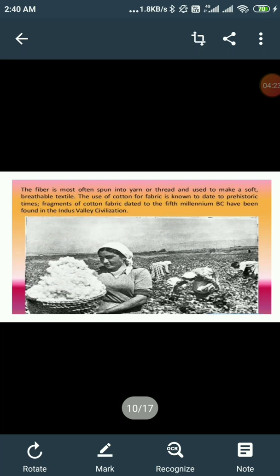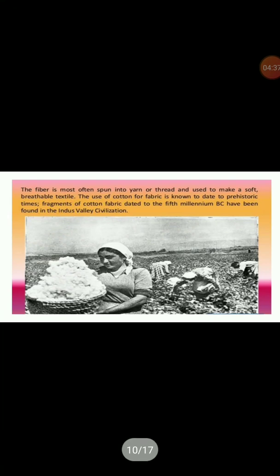This is a very important point which we have to remember for a long period of time. Cotton grows well in hot and humid climatic condition and in the black soil.